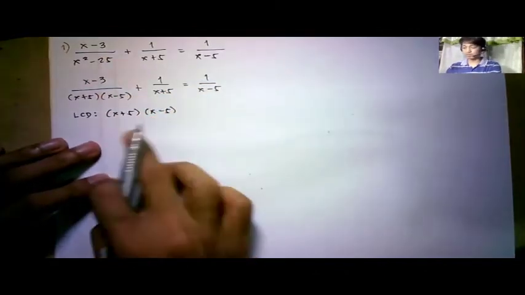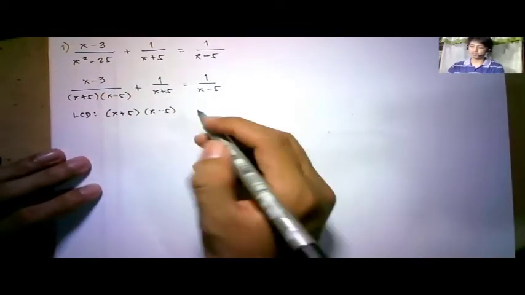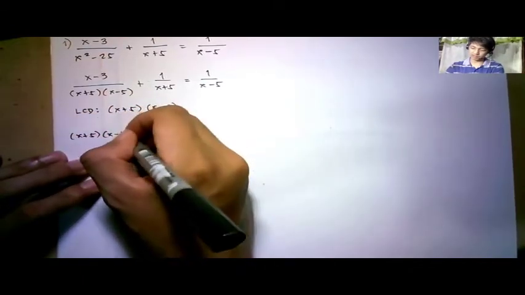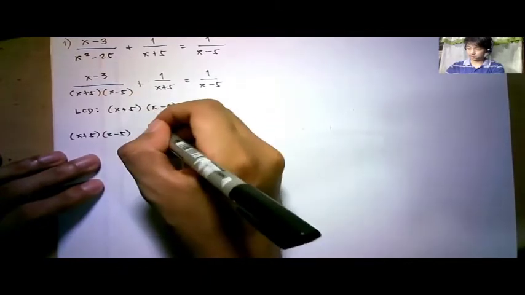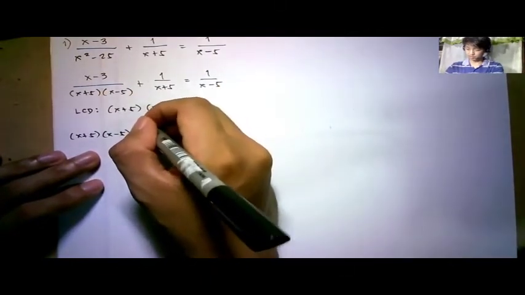So what we are going to do with the LCD is to multiply it to both sides of the equation. So we are going to multiply x plus 5 times the quantity x minus 5 to both sides.